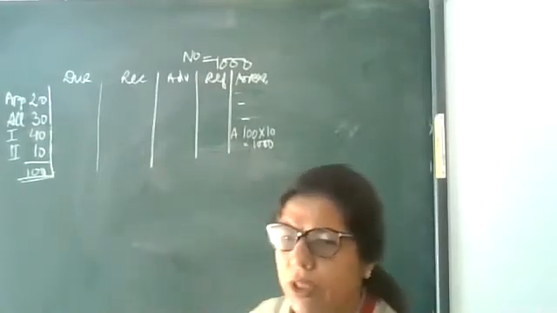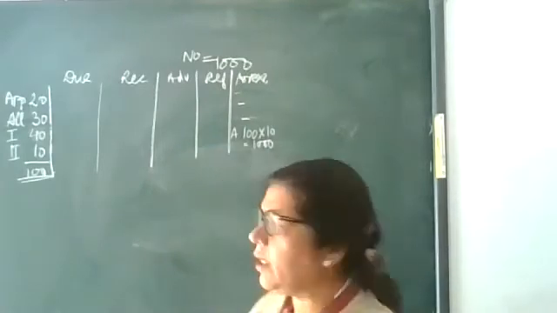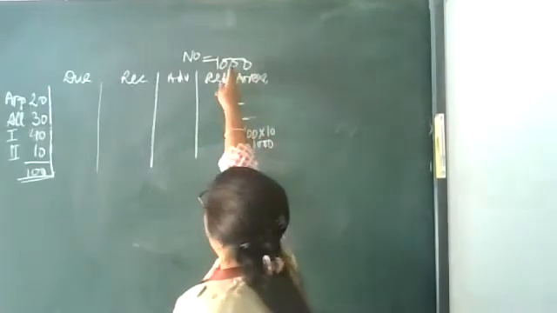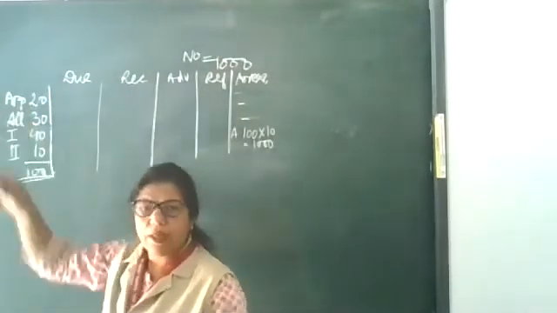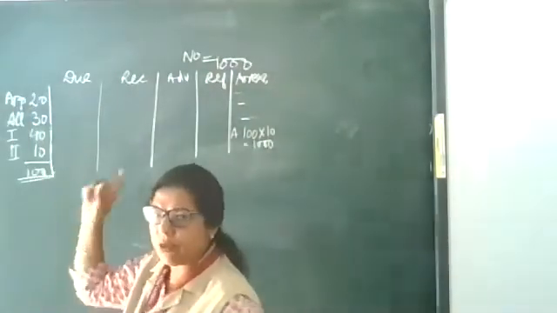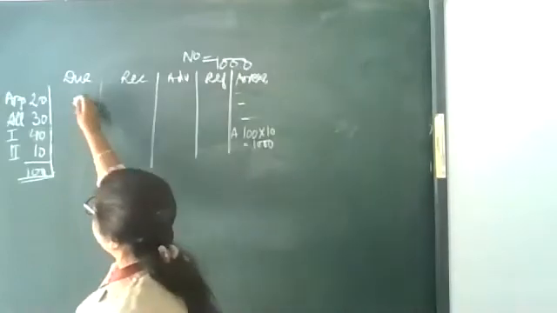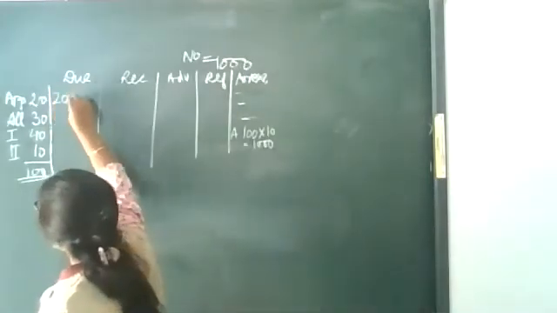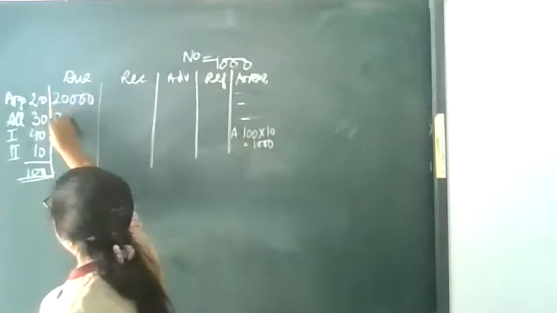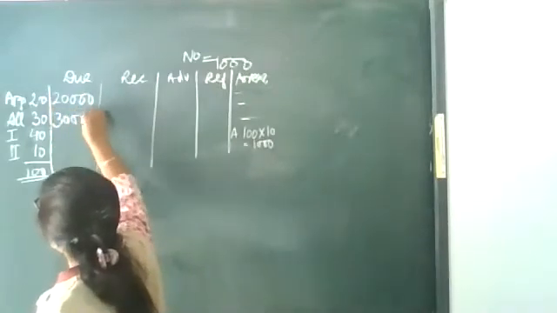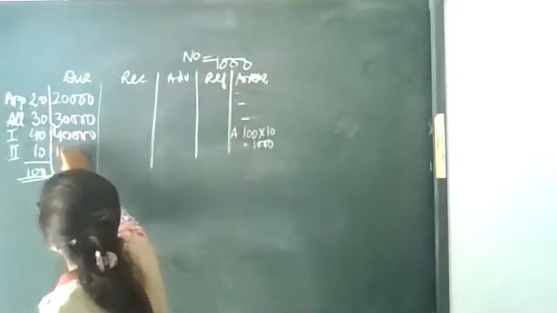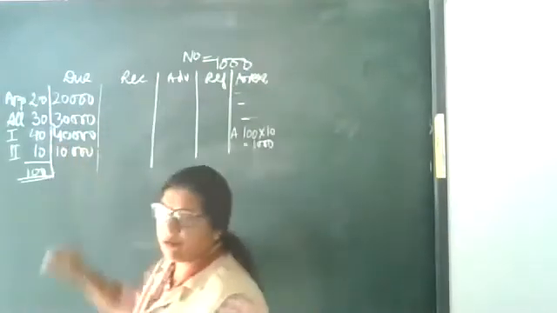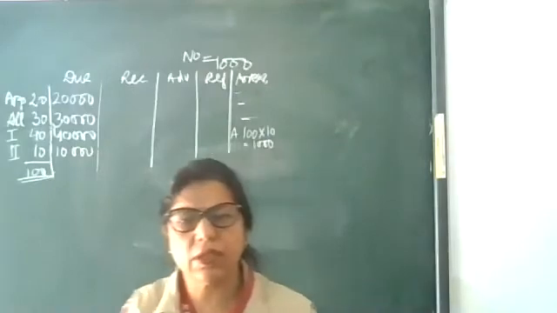It's very easy. Number multiplied by this, then you can get the due amount. 1000 into 20, that is 20,000, 30,000, 40,000, again 10,000.